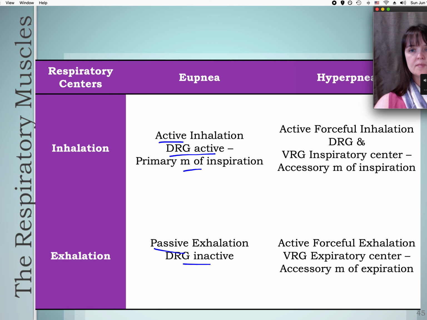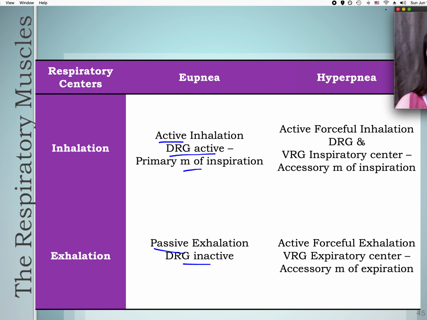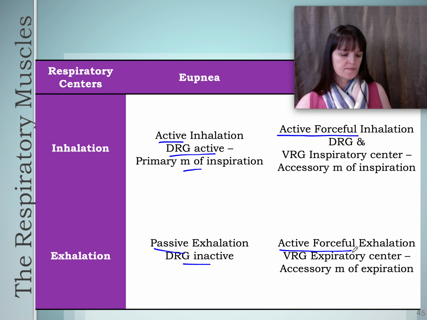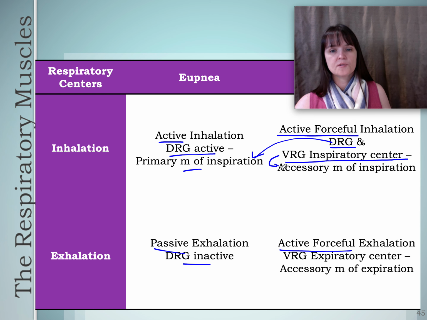In hyperpnea, inhalation is active and forceful. In active forceful inhalation, the DRG is active and the VRG inspiratory centers are active. The DRG controls the primary muscles of inspiration and the VRG inspiratory center controls the accessory muscles of inspiration.